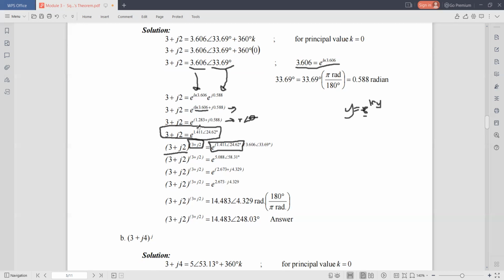So therefore, i-add lang natin, combine natin yung properties of exponents, di ba? May properties of exponents tayo. So e raised to, multiply natin by dito.